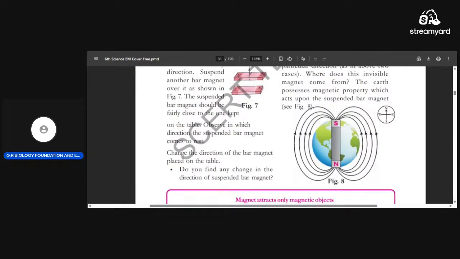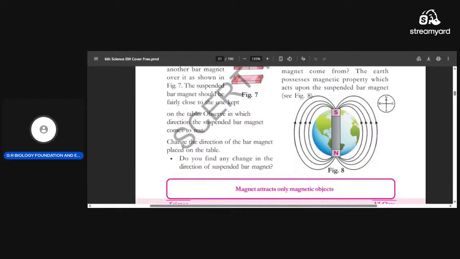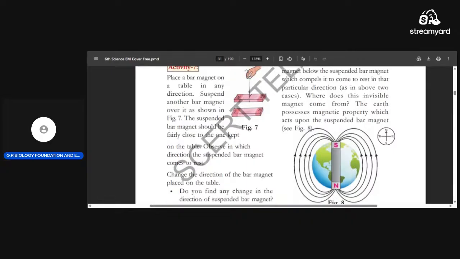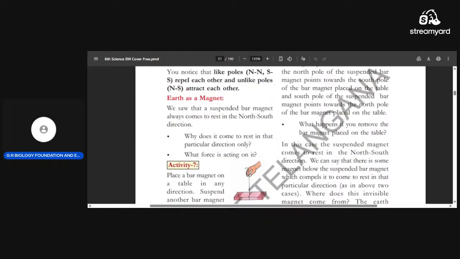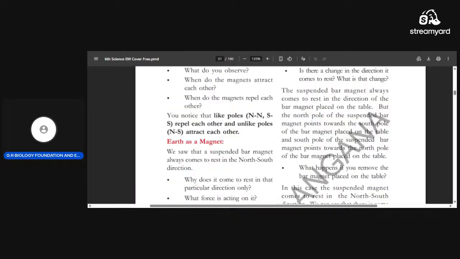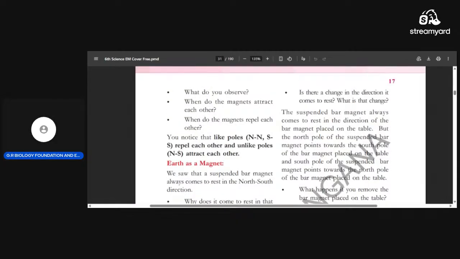If you keep another magnet, the north-south direction is going to change. So why, without the magnet, does the suspended bar magnet always come to that particular direction? What is the reason? There is a hidden magnet. That hidden magnet is the earth. So the south of the suspended bar magnet is attracted by the north of the earth, and that is the reason it shows the north of the earth, and in the same way in the opposite direction.